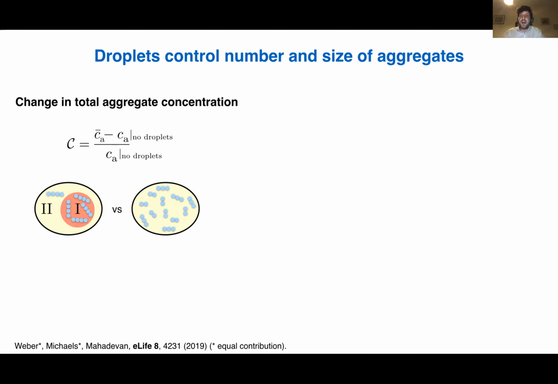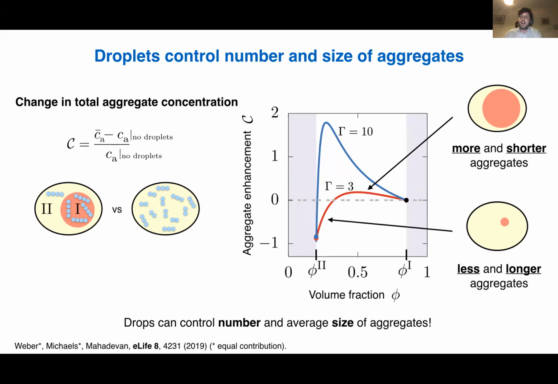And so what we find is there are regions of phase space, for example, in terms of volume fraction, where having condensates can yield either more aggregates compared to not having condensates at all, or yields fewer aggregates compared to not having the condensates. And more or fewer aggregates also couples with the average length. So that means we can also control the length of these polymers. And in fact, we can even control the entire length distribution.